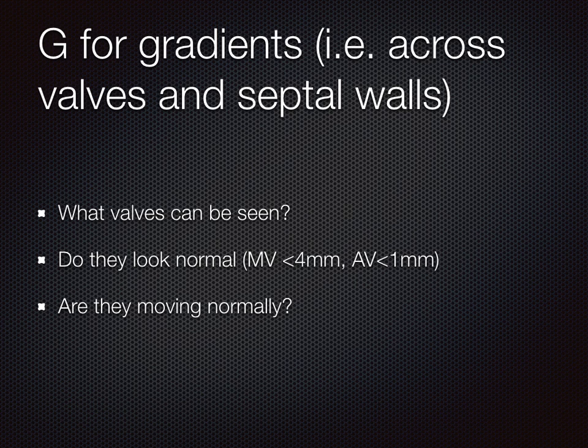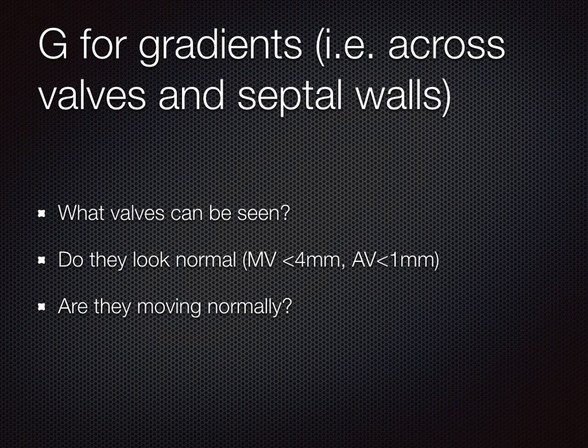I.e. is the mitral valve grossly thickened? We know that the leaflet should be less than 4 millimetres. The smaller cusp of the aortic valve should be less than 1 millimetre in normal state. So just looking and saying, do they look thickened, or do they look normal? The other thing is, are they moving normally?